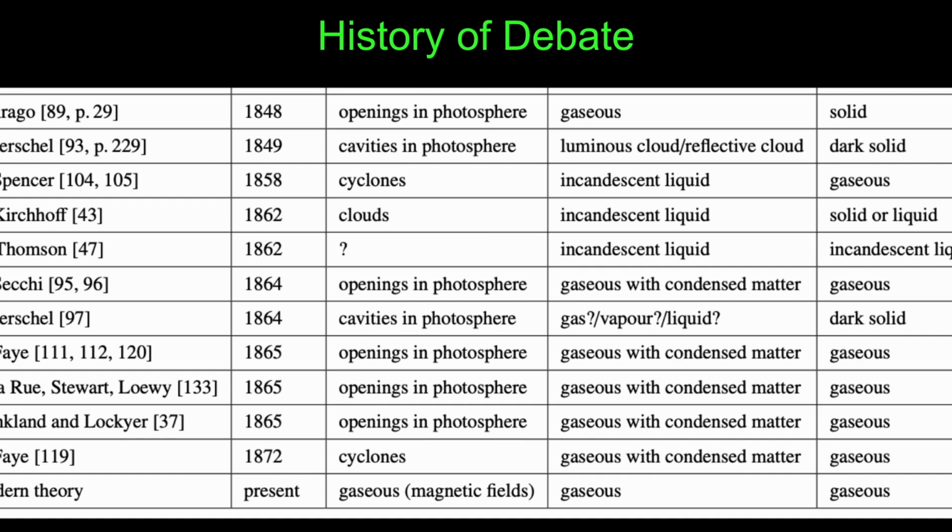So one of the first premier astronomers to really concern himself with the composition of the sun was a French dude named Arago. Now Arago was mostly famous for working with Fresnel, who gave us essentially the experimental evidence for the wave nature of light.